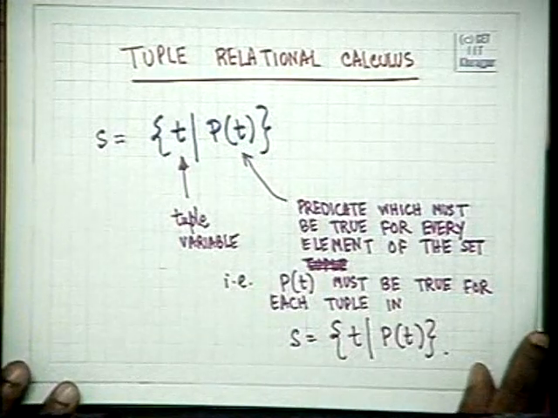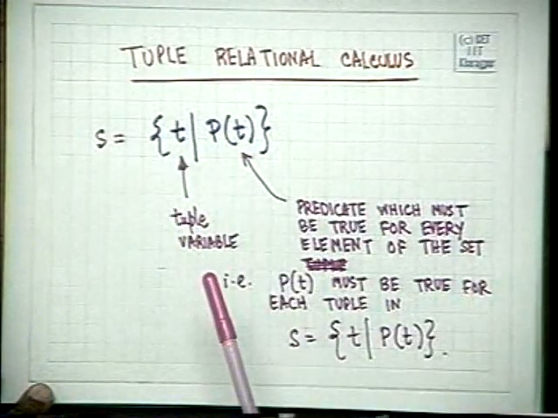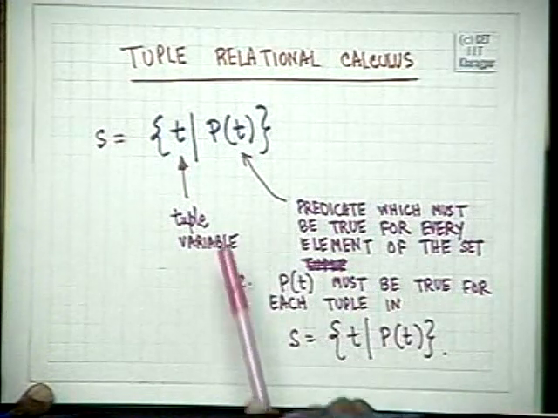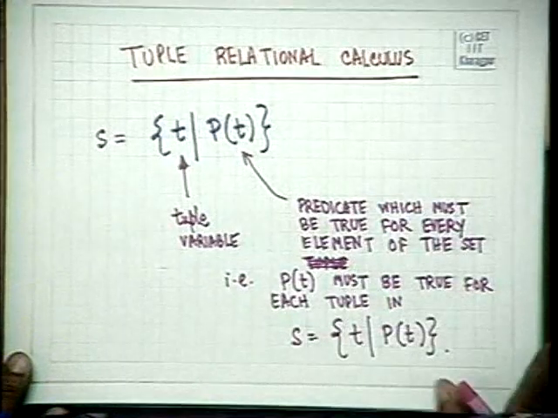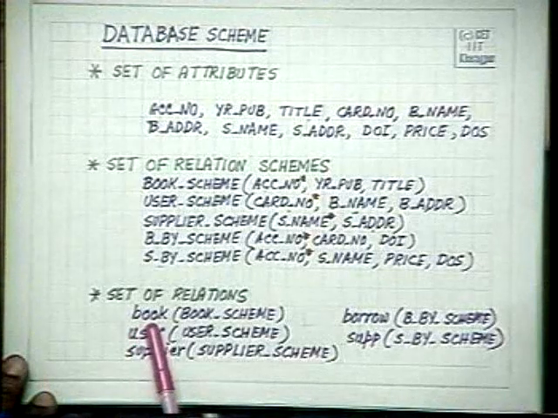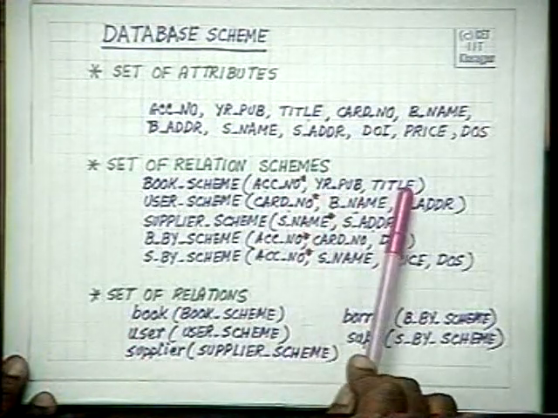In order to see several examples of relations or queries in tuple relational calculus, we will use our original library database. So, we will quickly go back to our library database. We have got the book relation, which has got accession number, year of publication and title.